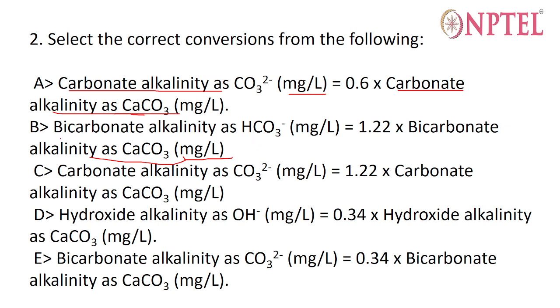Similarly, we want to know the bicarbonate alkalinity as HCO3. Suppose you have carbonate alkalinity as CaCO3, bicarbonate alkalinity as CaCO3 or hydroxide alkalinity as CaCO3, you have to calculate what it is in terms of mg per liter, right? That's the game here.